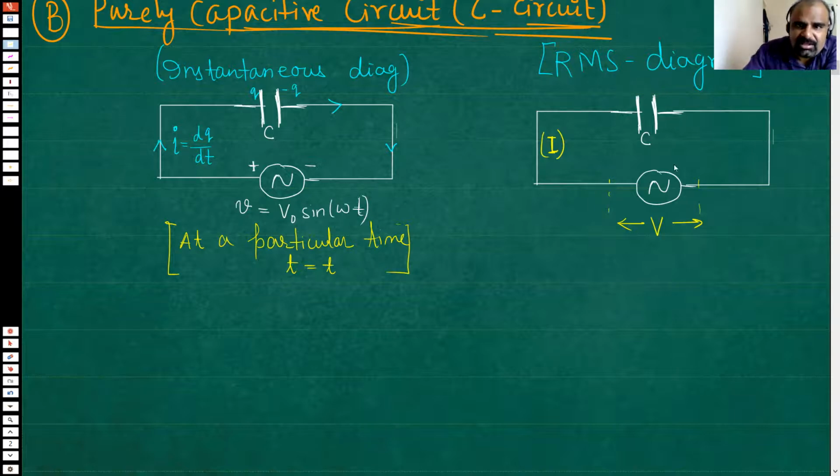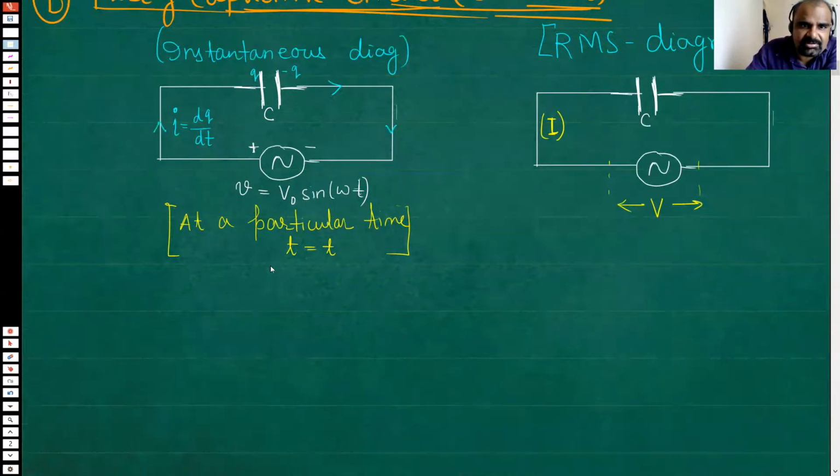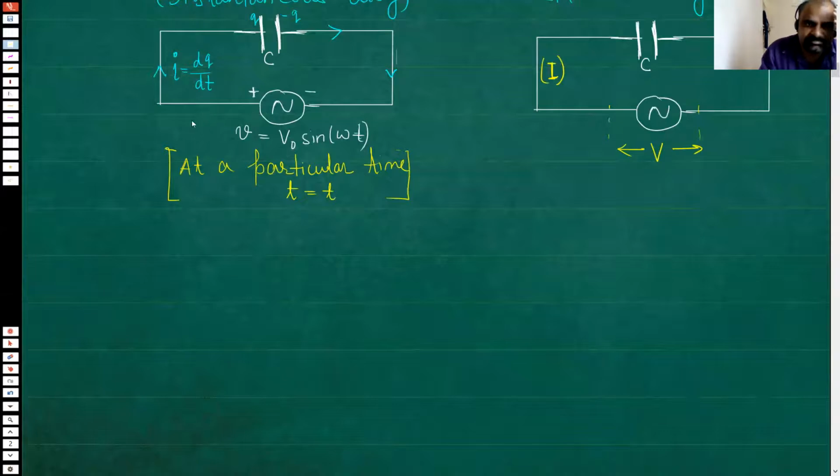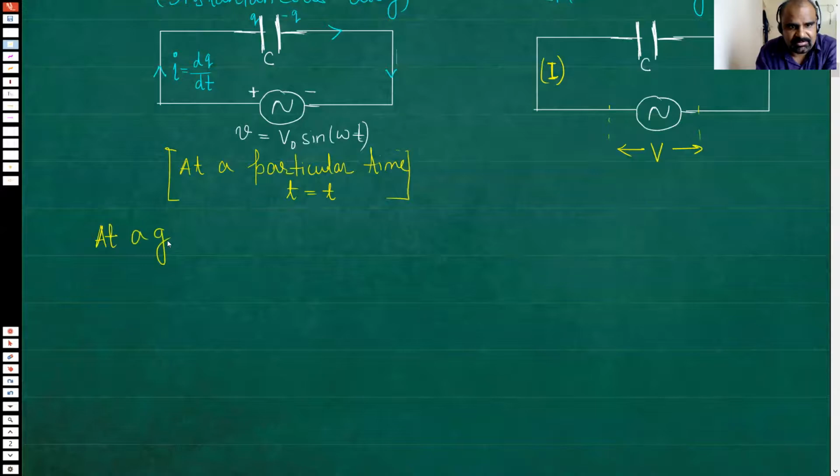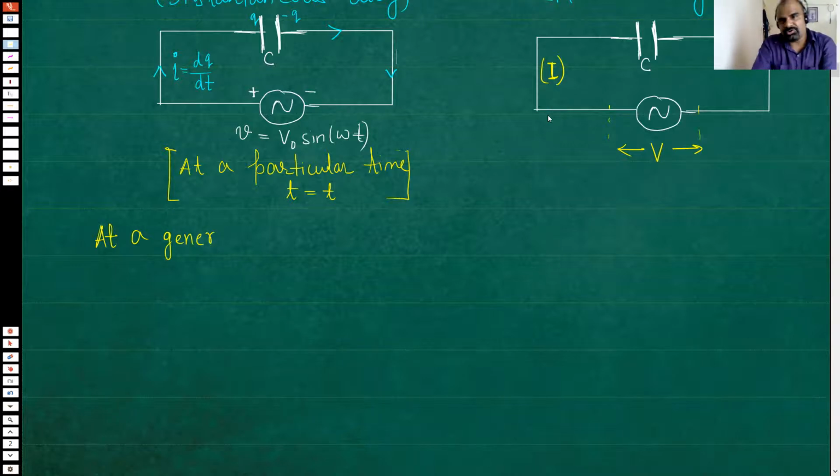Anyway, here the calculation will be done in this. Sir, so on the capacitor, charge will be on an average 0, sir? Yes. On an average 0. We cannot say no, sir. We cannot say, why not? Even average current is 0. Okay, sir.